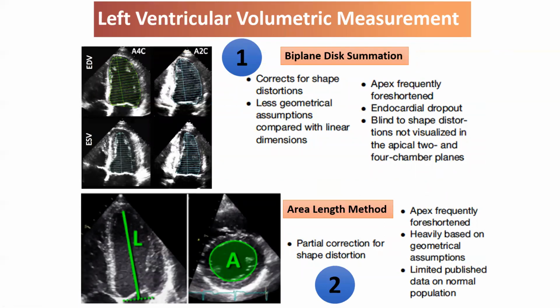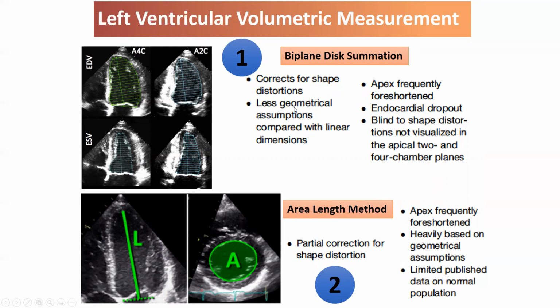So what are these techniques? The recommended technique is the familiar biplane disc summation, and every quantitation package pretty much in use in clinical echocardiography has the Simpson's biplane disc summation method available to you.